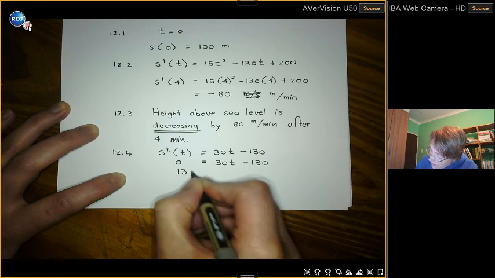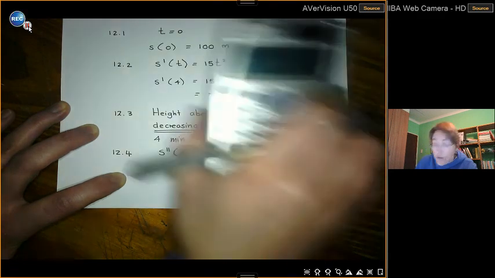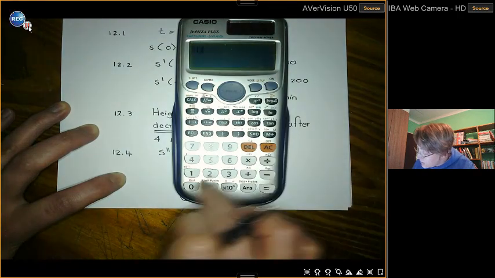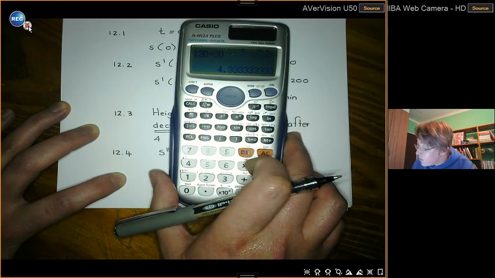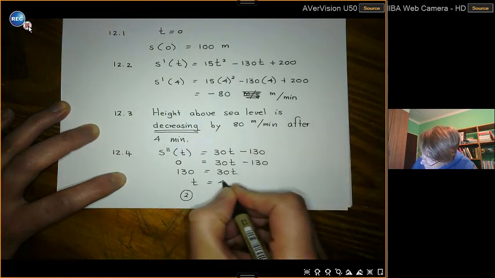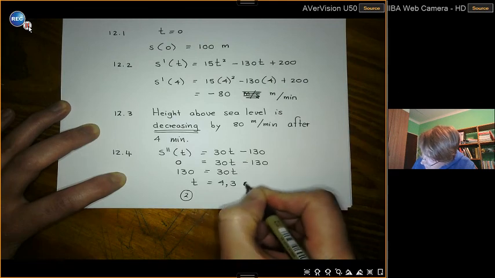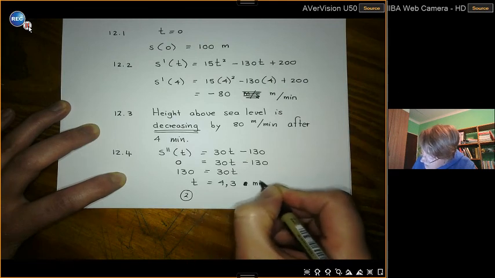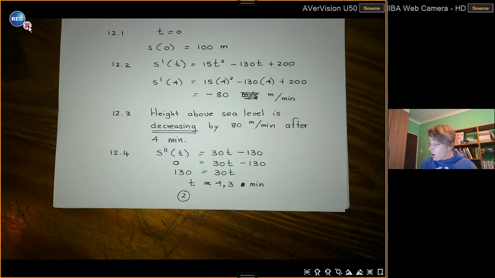So that's where 130 is equal to 30t. So I can divide that 130 by 30, which is going to give me 4,3 if I round it off to 1 decimal place. Keep on doing the seconds, but it's minutes. So after 4,3 minutes, the rate of change is at a minimum.